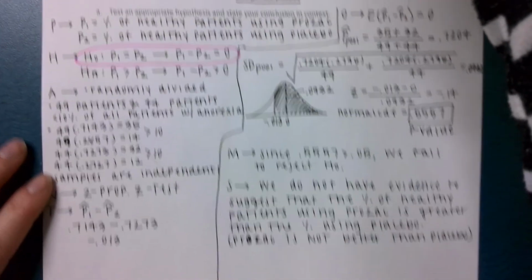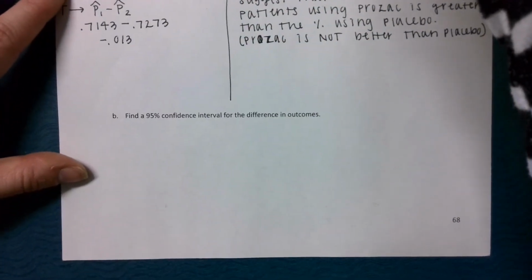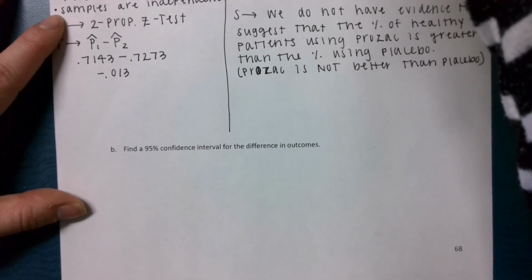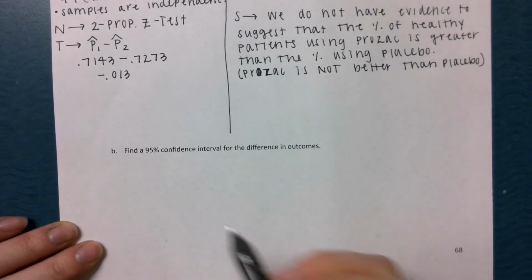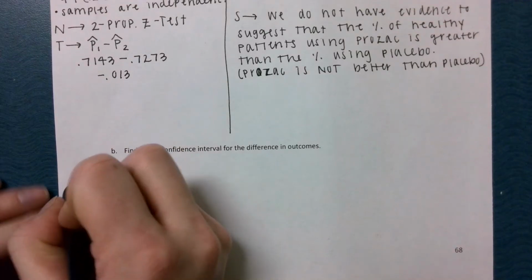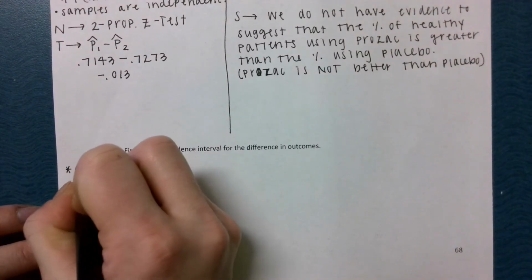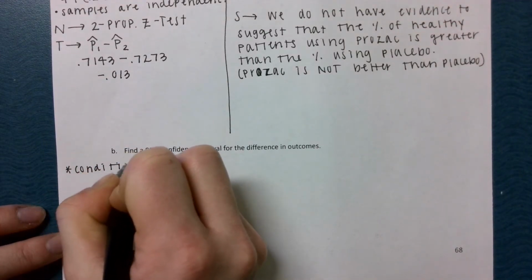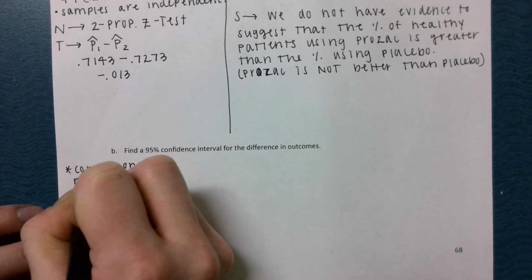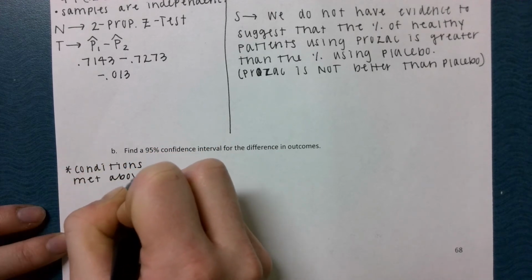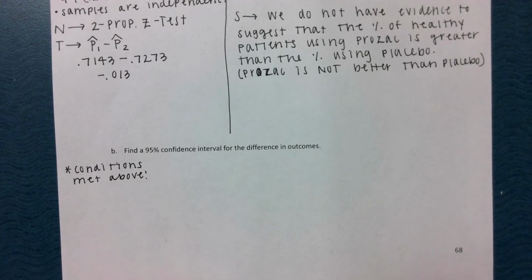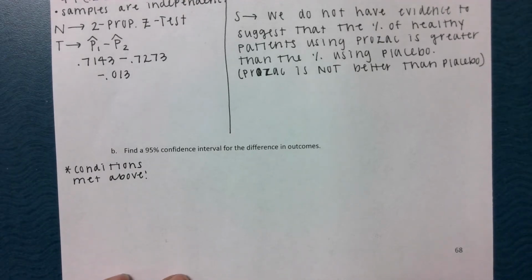Okay, let's go ahead and make a confidence interval for this same data here. So I don't need to check conditions because those conditions were met above. So instead I'm just going to start plugging into my formula.